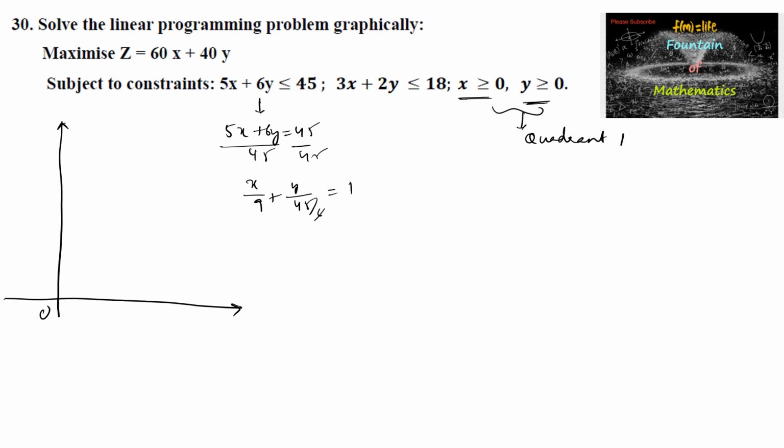So x intercept is 9 comma 0, and the y intercept is 0 comma 15 upon 2, that is 7.5. So the straight line is passing through these 2 points.